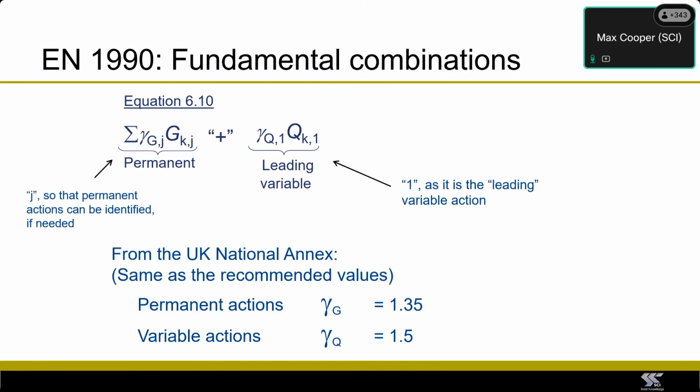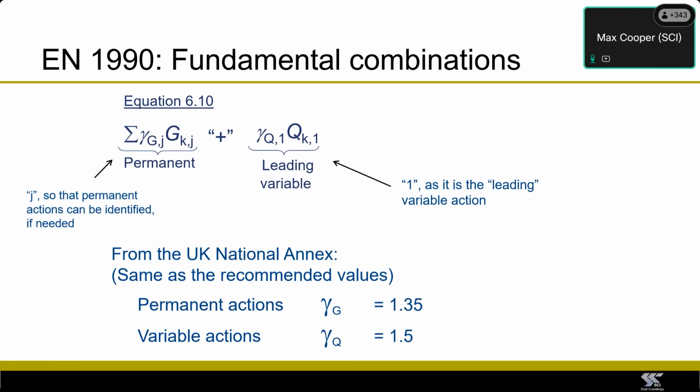So here's 610, and we'll build up in steps here. I'm starting first of all with the more basic of the expressions, which is equation 610. I've also only considered one variable action, and we'll get on to why I think it's easier if we start this way. One thing you can say is that most design situations really only need to consider one variable action.